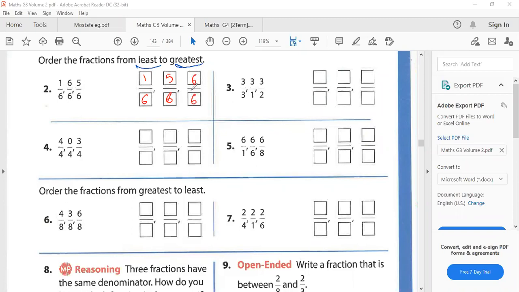And 6 over 6 equals what, Marwan? 6 divided by 6.